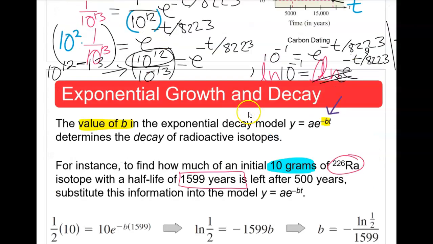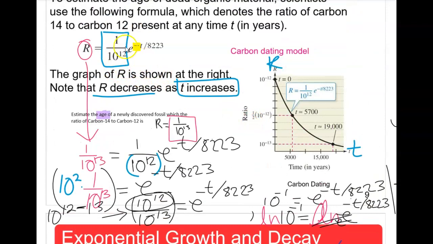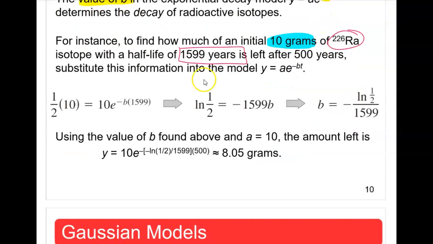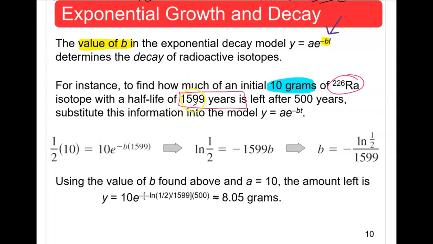For example, with the previous problem, we had the model here. This was our model. So what we need to do here is use the information that we have. The letter A that you see here is the initial amount. And so you can see that substituted here, 10.